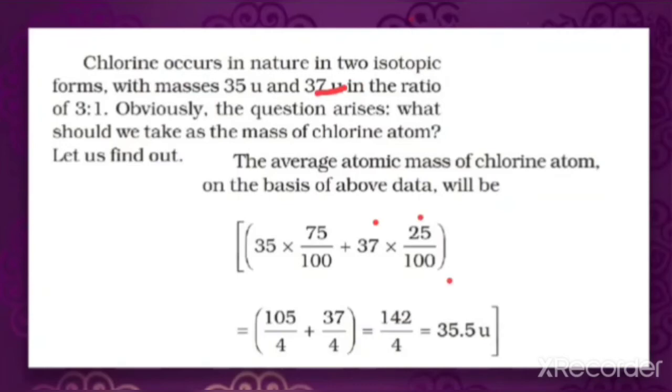When you make this calculation, you get the mass 35.5 U. That's why the atomic mass of chlorine is taken as 35.5 U.